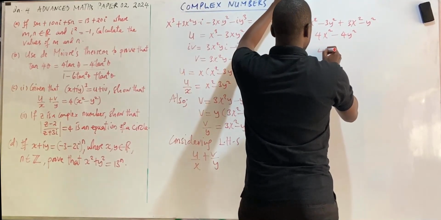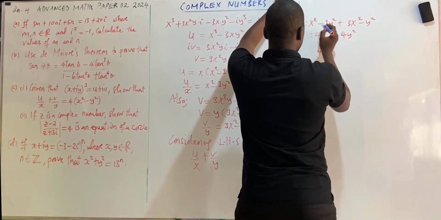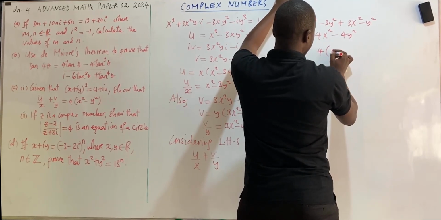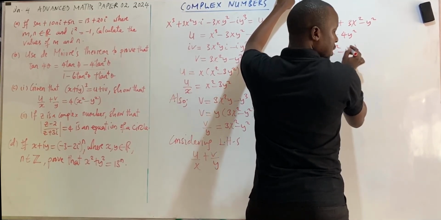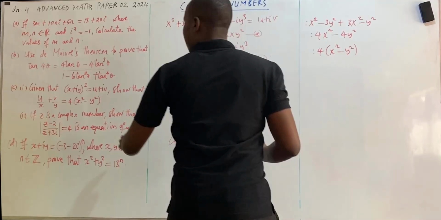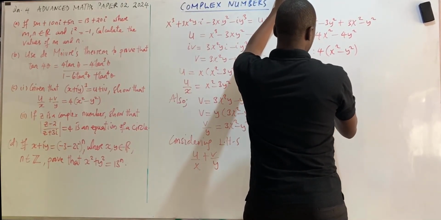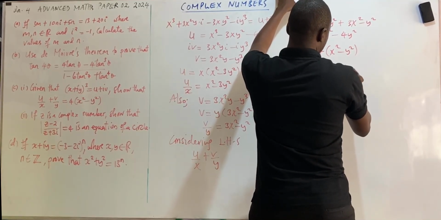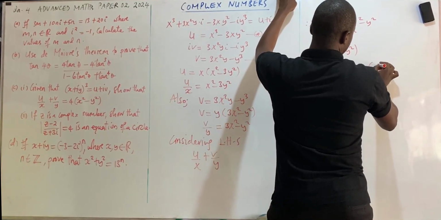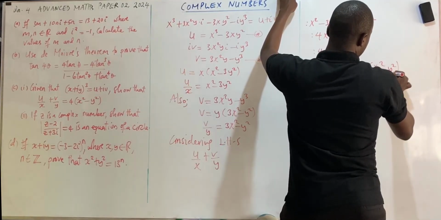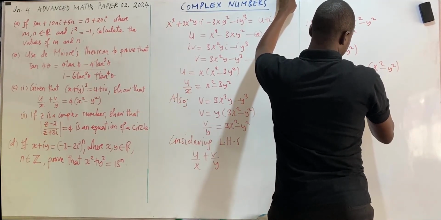So we take it out, and it divides every term here, and it remains x squared minus y squared. So up to that point, we have shown the right-hand side. And finally, conclusively, we can say u over x plus v over y is equal to 4 times x squared minus y squared. So here we can say, hence shown.